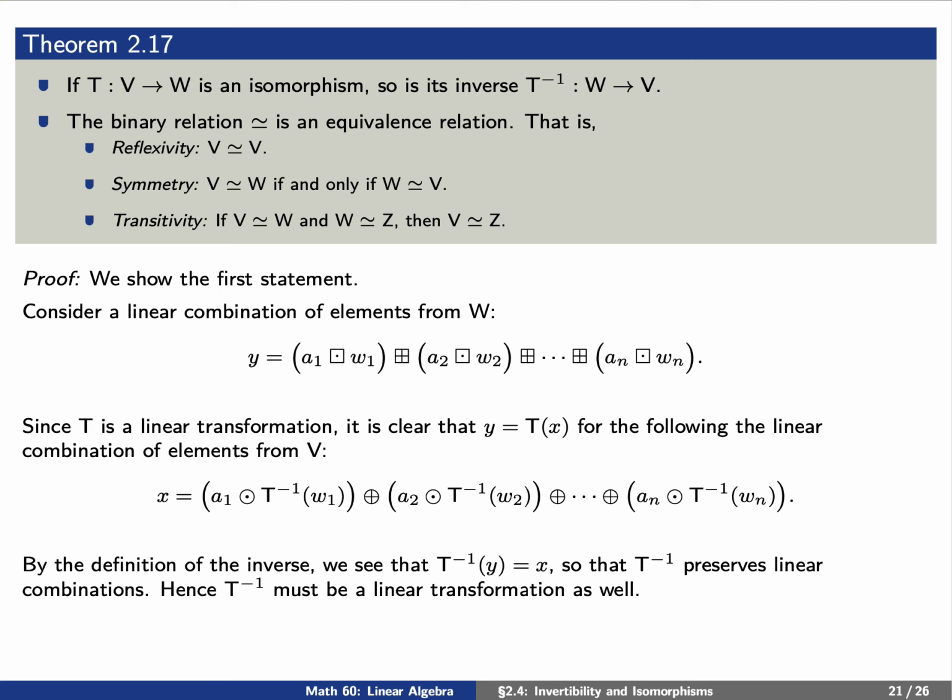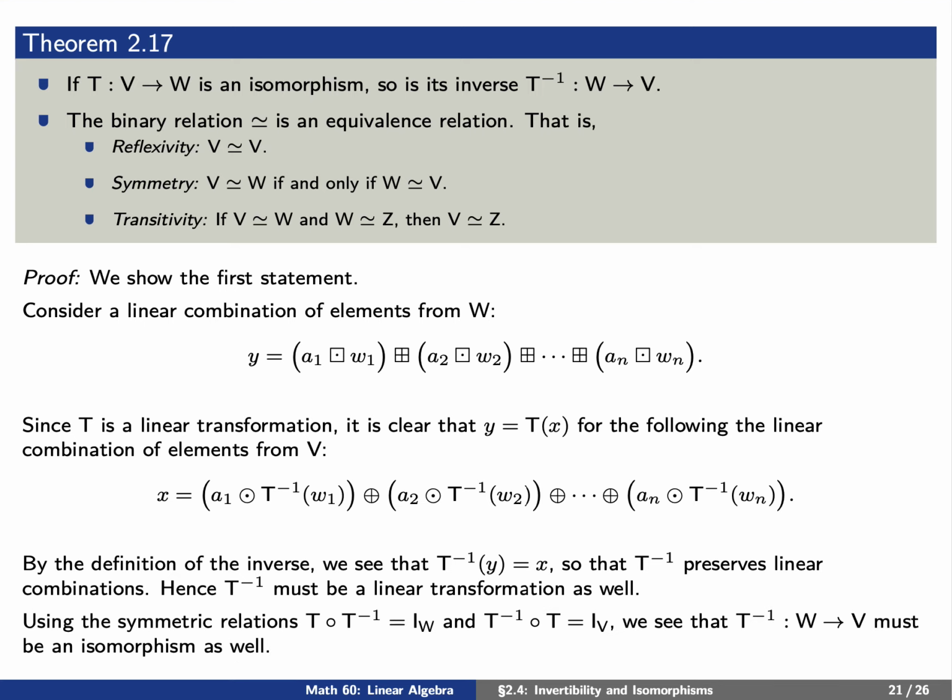By the definition of inverse, remember that T inverse of y equals x, so we do see here that T inverse preserves linear combinations. So this means that T inverse must be a linear transformation as well. Using these symmetric relations, T circle T inverse is the identity, T inverse circle T is the identity, then we can simply run through the same argument as before, as we did for Theorem 219, to see that T inverse must be an isomorphism as well.